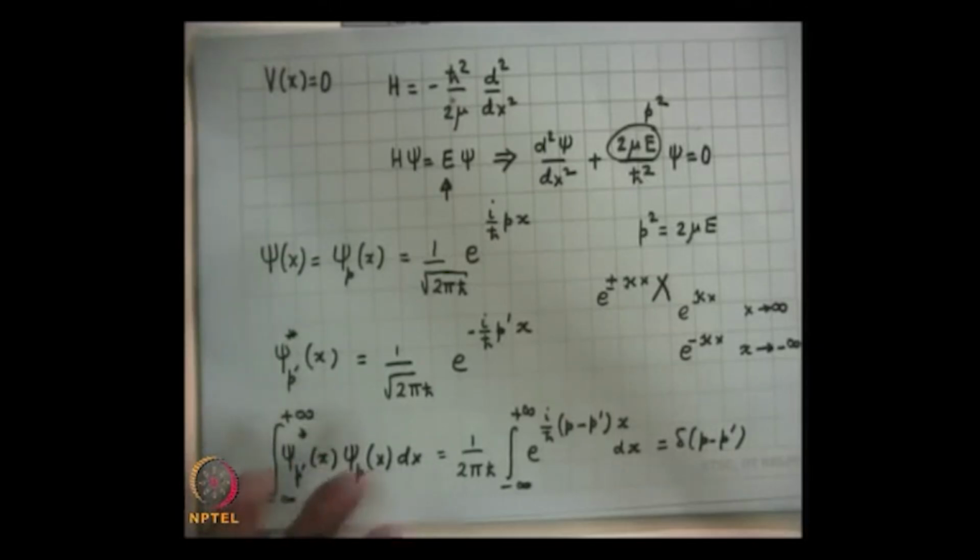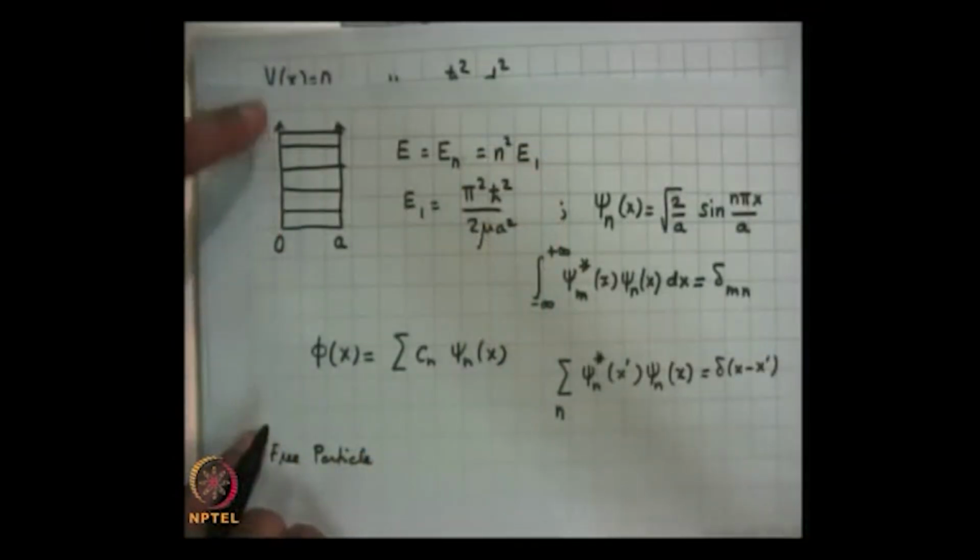This is an example where the eigenfunctions form a continuum. In the previous example, we had a discrete set of energies; only certain values of energy were allowed. In this case, we have all possible values of energy from 0 to infinity.